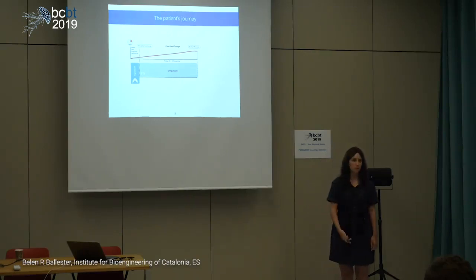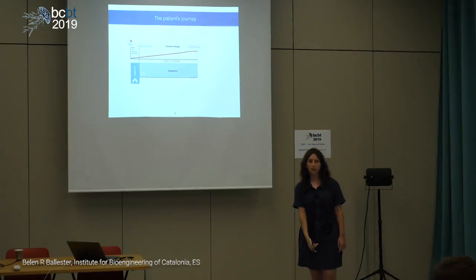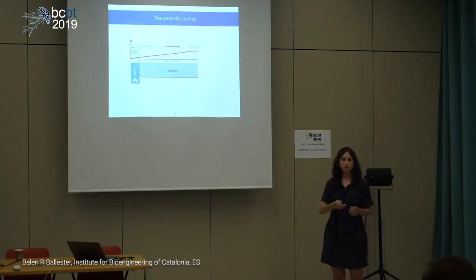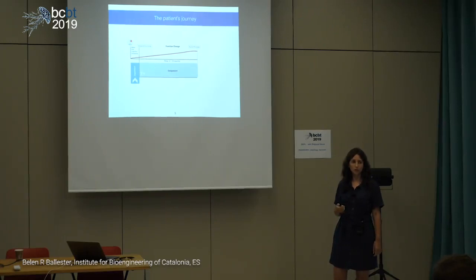One side of the body may be paralyzed completely or partially, affecting the upper extremity or both the upper and the lower extremity.